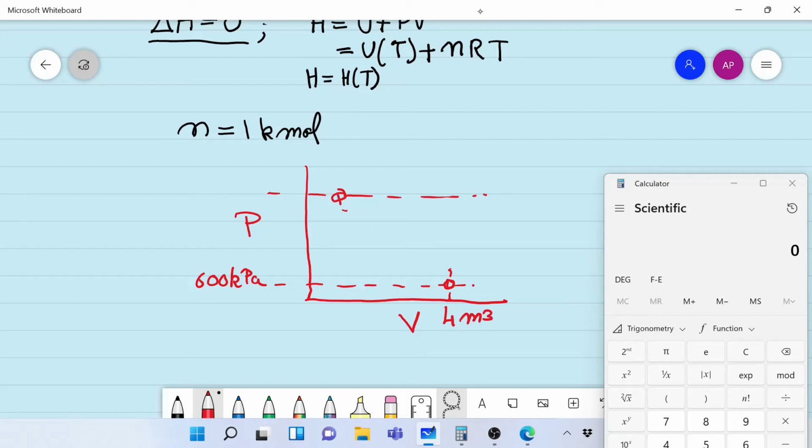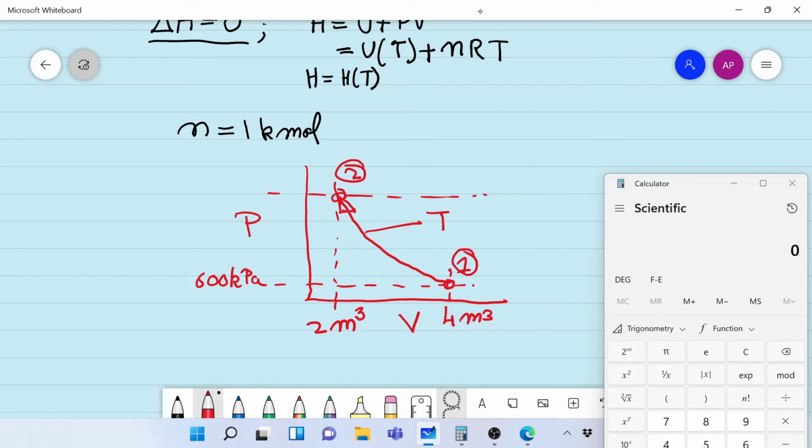It is compressed reversibly till its volume is 2 meter cube. So the process is along this red line, where this is state 1 and this is state 2. The temperature is held constant.